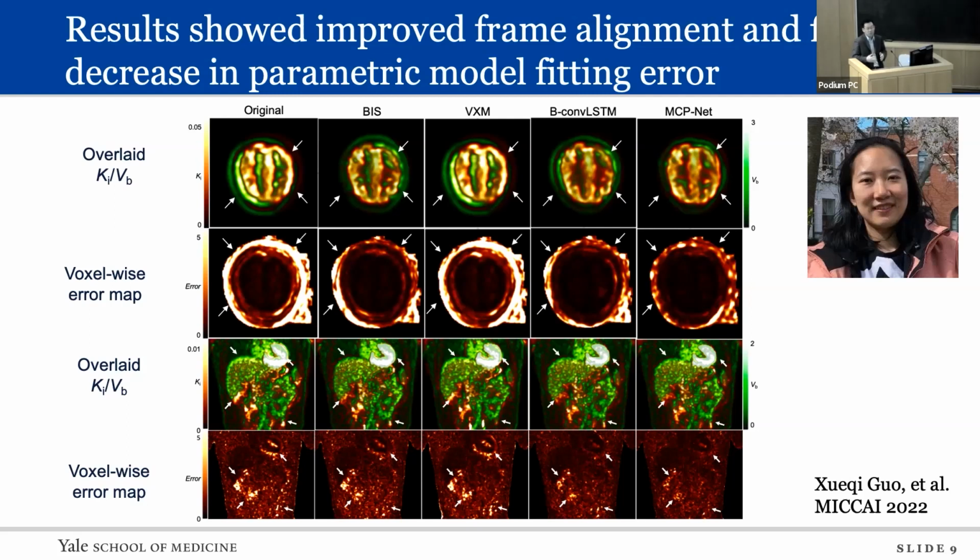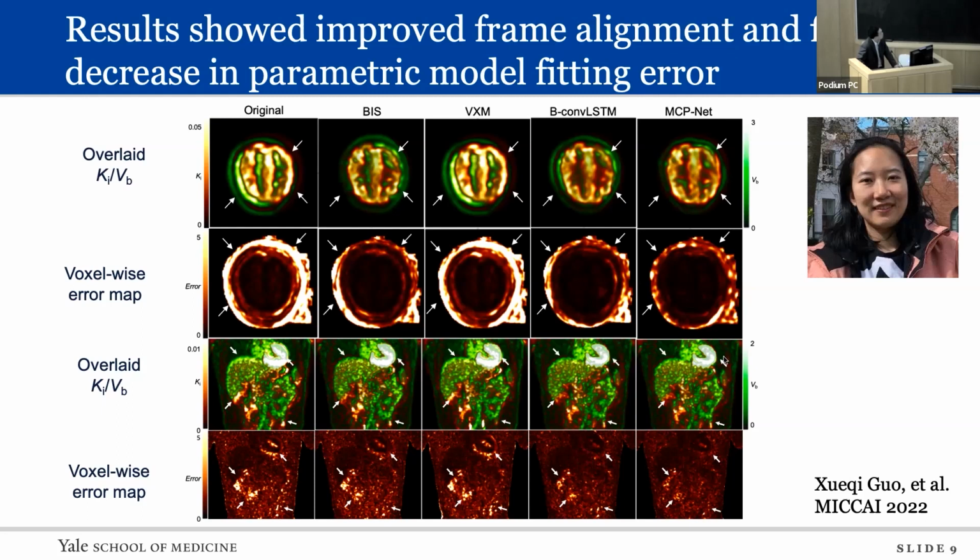Ki is more affected by the later stage data, while VB is more affected by the early frame data, so a mismatch indicates there's long-term motion. The mismatch is present in the original without any motion correction, but after the corrections, particularly the last column, gives us the best match. The voxel-wise fitting error map is also the lowest using this approach.